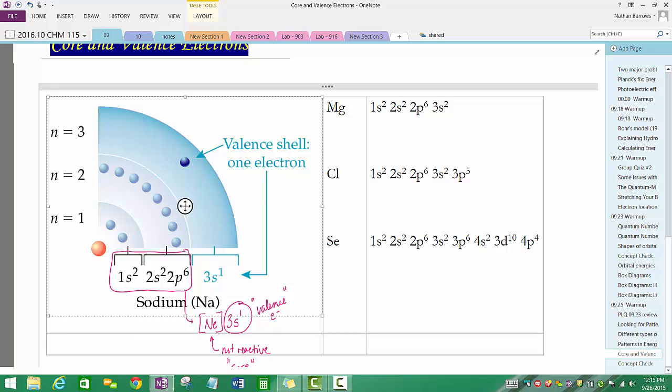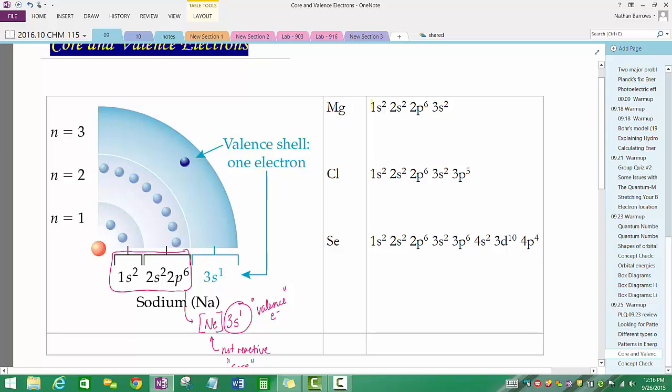We define the core electrons as being those electrons that have the same electron configuration as a noble gas. So this noble gas is going to be neon. This noble gas is neon as well. This noble gas is argon.